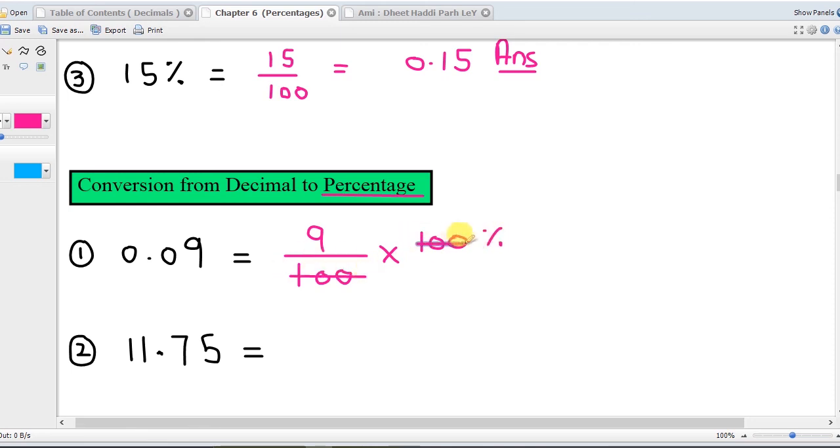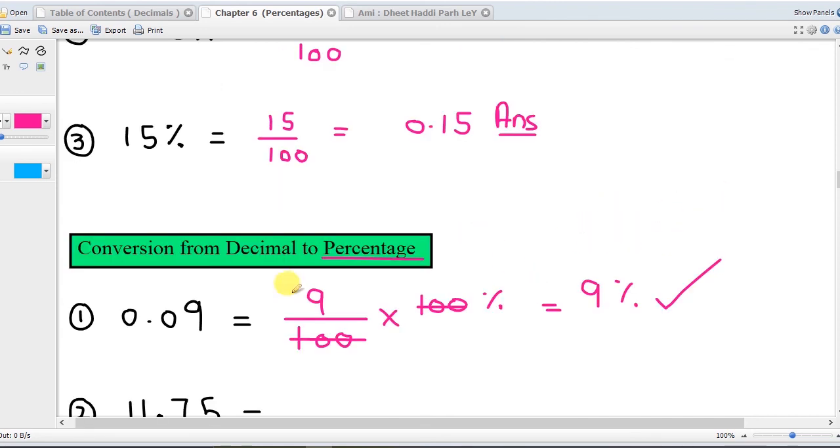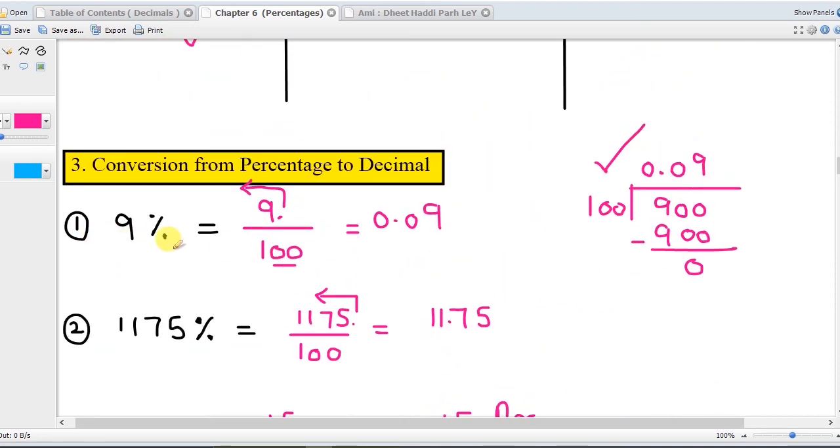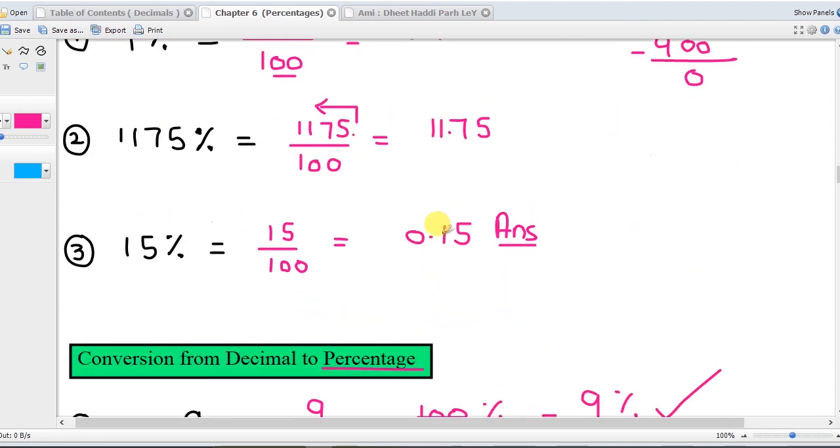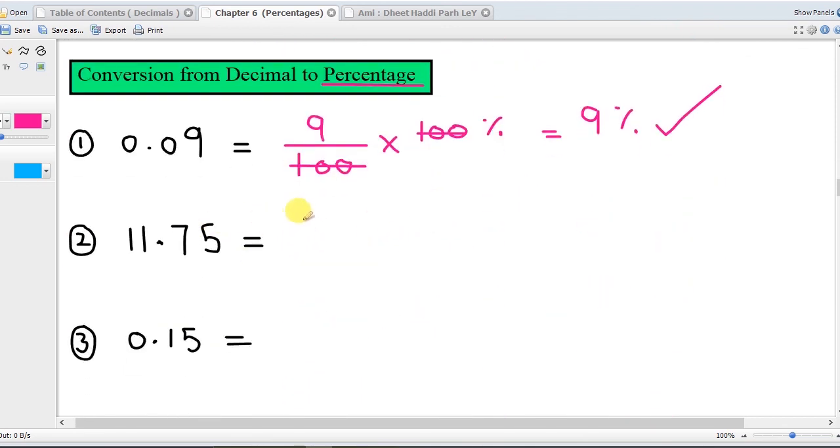So this 0 is going to be cancelled out with this 0. The answer we are left with is just 9%, right? So see, 0.09 and we are having 9%. So this is 9% and we are having 0.09. So far so good. Let's move on to the next one.